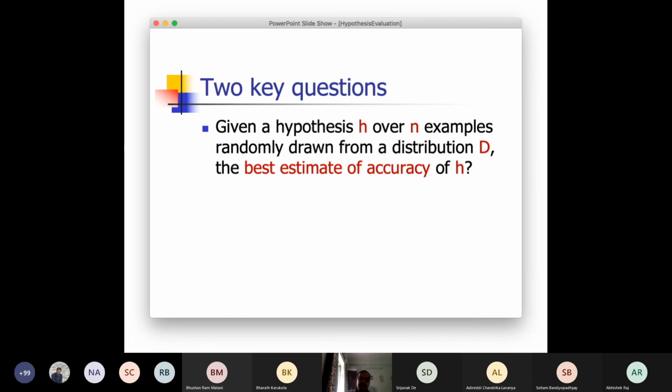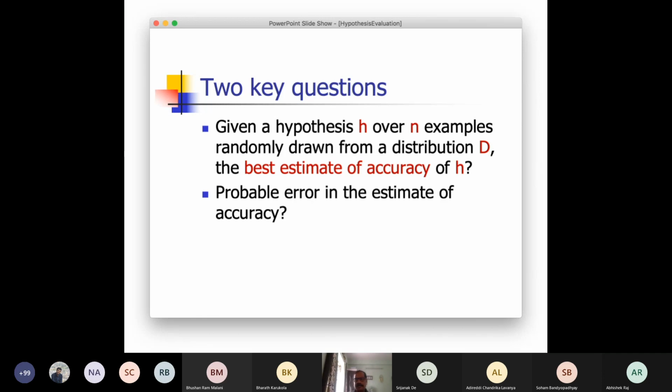Now there are two questions that we will be addressing in this particular issue. When we are evaluating a hypothesis, what is the best estimate of the accuracy of the hypothesis when your examples are randomly drawn from a distribution? And what is the probable error in the estimate of accuracy?